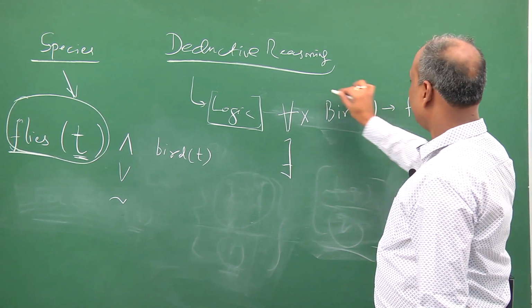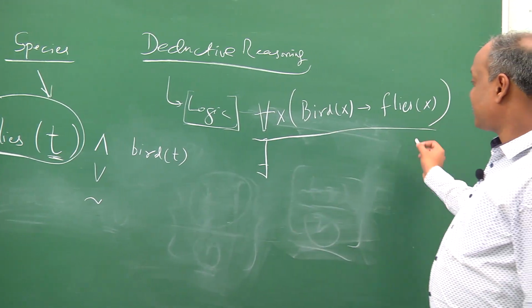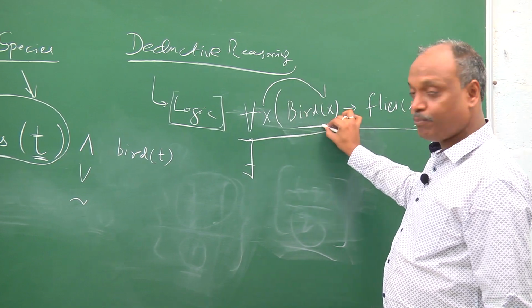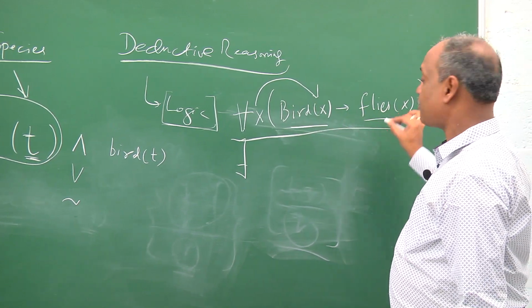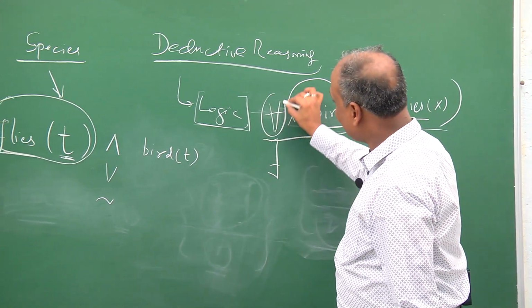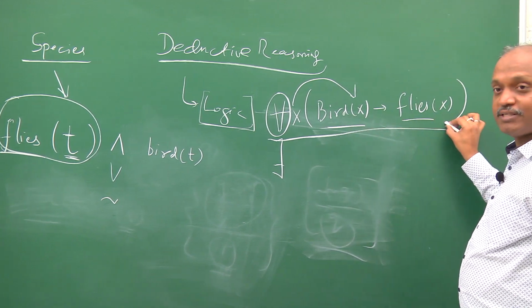Let's say we say that for all x, bird x implies flies x. It means anything which satisfies the property bird also satisfies the property flies. So it is applicable to every individual for which the corresponding property is satisfied.